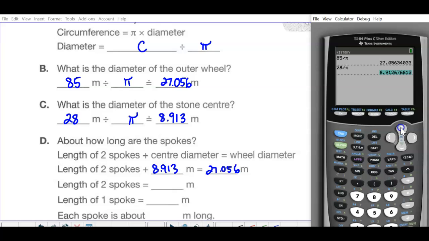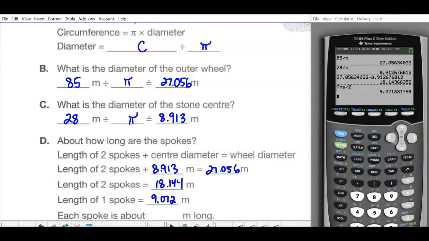If you have a newer graphing calculator, you can go up to the entire diameter, enter on it, it will copy it out, then subtract, cursor up to the last one, enter on it, and it copies out those values for you. So you get 18.144, and then divide that by 2. If you don't have that capability, you just copy out the numbers.